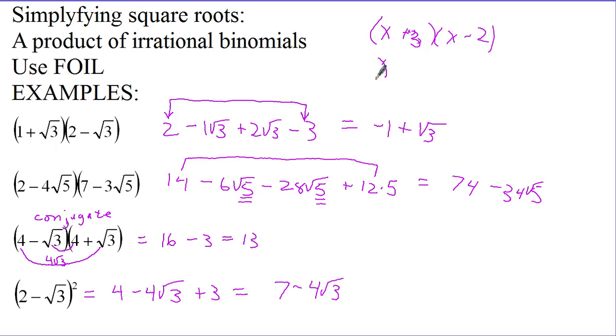Or x plus 2 times x minus 2. Don't look for the middle term on that one. There won't be one. And I'd simply call that an x squared minus 4. Or if I had x plus 5 quantity squared, I'd say first term squared, twice the product, second term squared. Same exact principles with radical arithmetic. So that's the end of multiplication with radicals. Next video is about division with radicals.